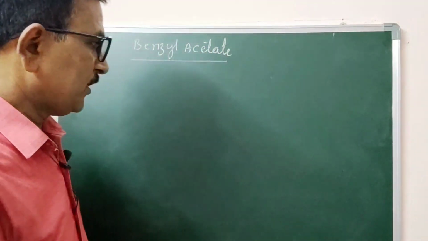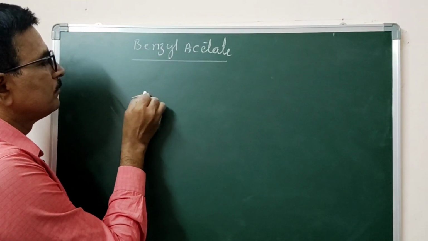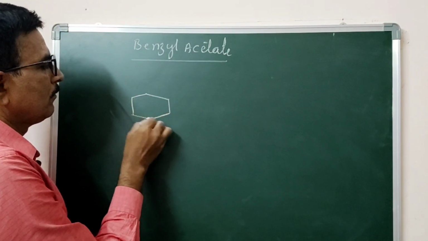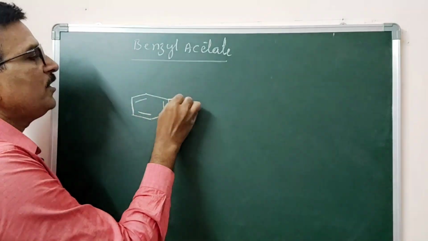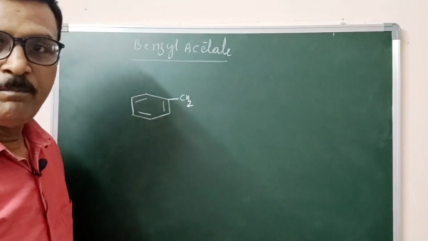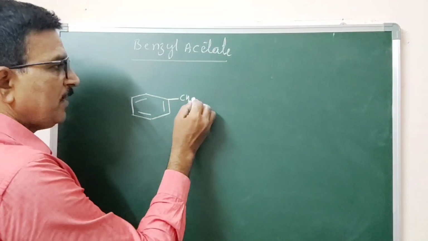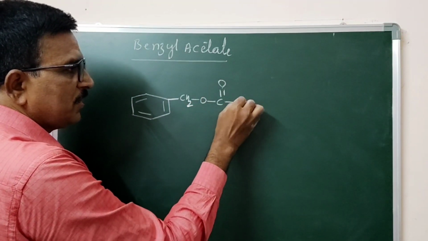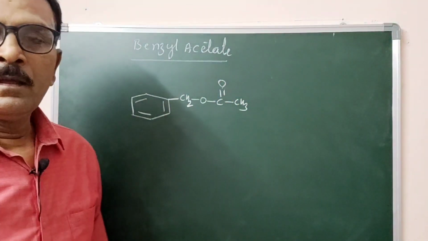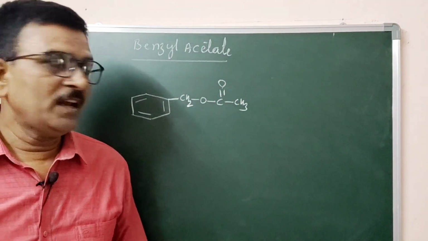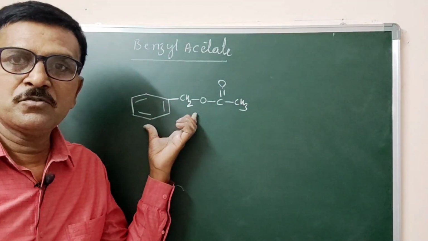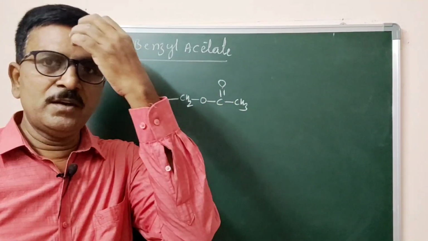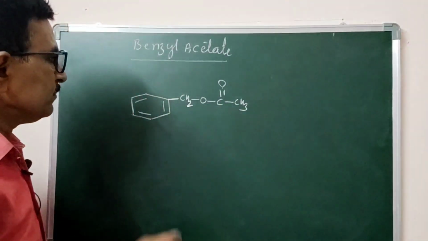Now its structure has this CH2 group, the benzyl group. You keep the acetate group on this, OCOCH3. This becomes benzyl acetate. Up to this, PhCH2 is the benzyl. This is the acetate group, benzyl acetate.